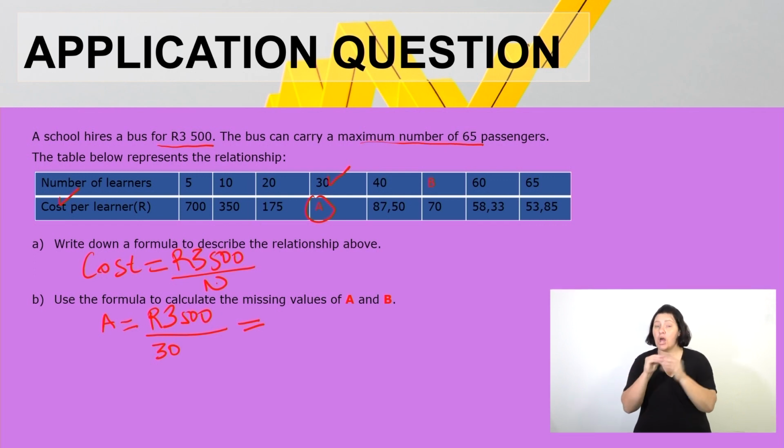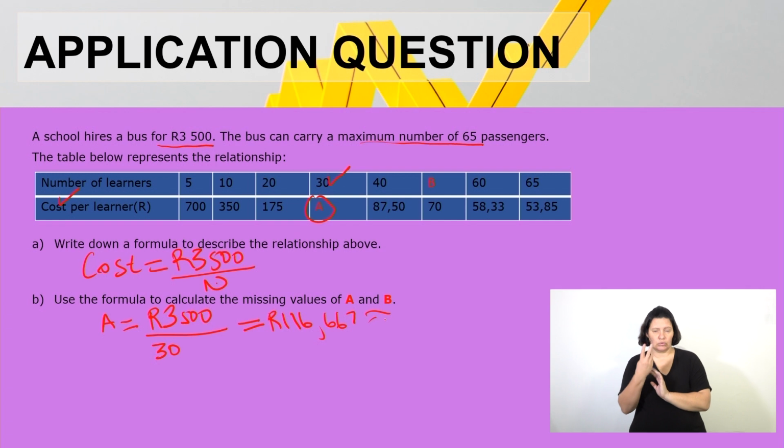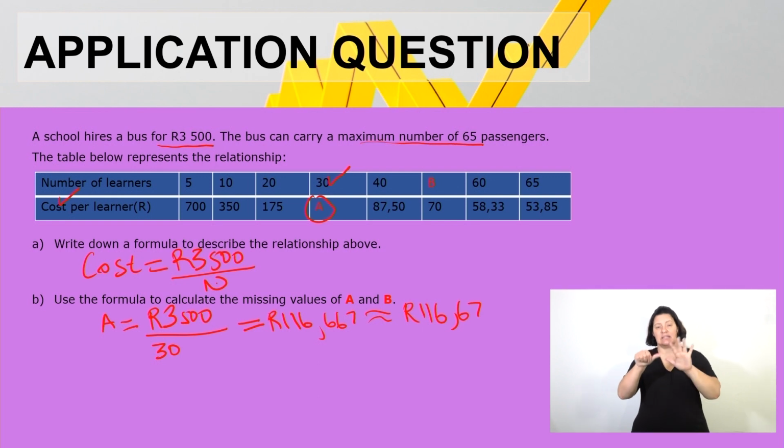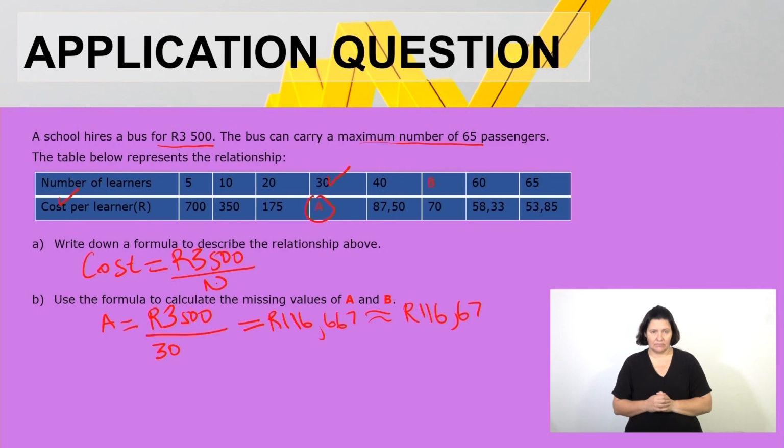We get how many learners? No, it's the amount. So it will be 116 rand, it says 666667. When we work with money, we always round off to 2 decimal places. In other words, each learner will pay 116 rand 67 cents. Let's first find B before we can move.